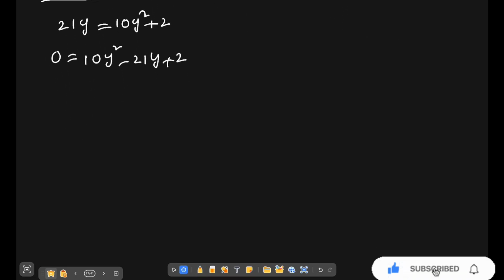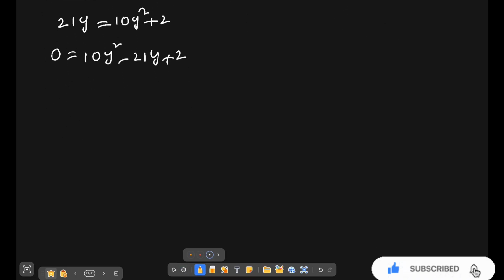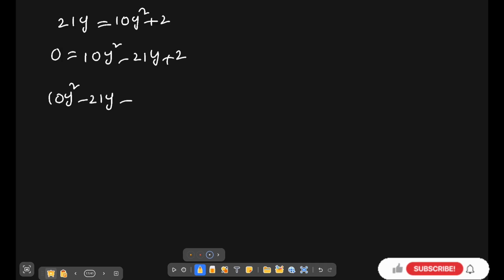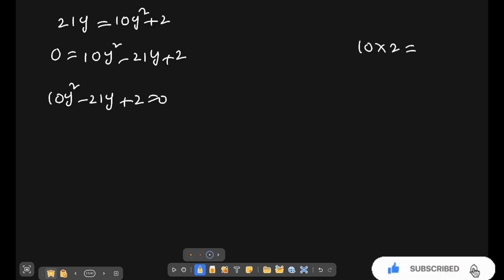Now we got a quadratic equation. So we have to find the zeros of this quadratic equation. What is the quadratic equation? 10y square minus 21y plus 2 is equal to 0. So we have to multiply the coefficient of y square, 10, and the constant term 2. So 10 into 2, 20. The factors of 20 must be such that if we multiply, we should get plus 20, and if we add, the middle term minus 21.